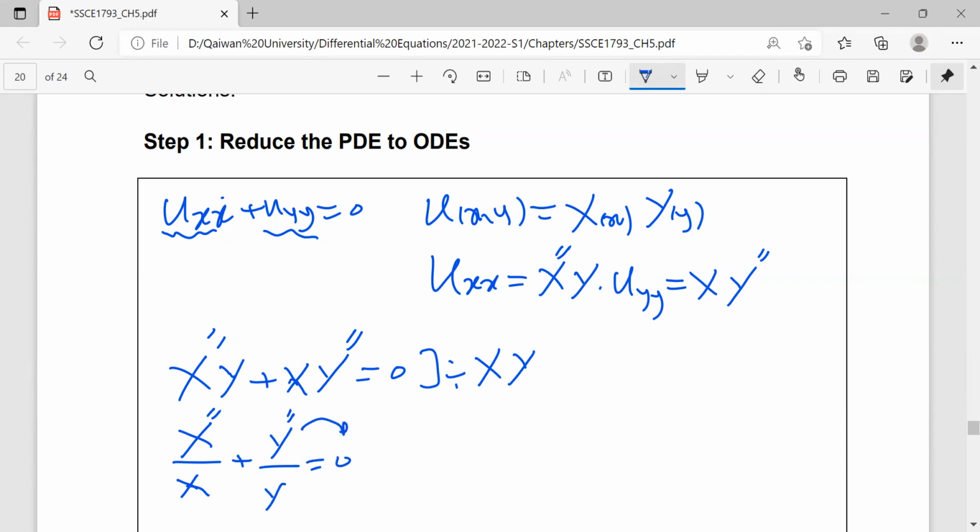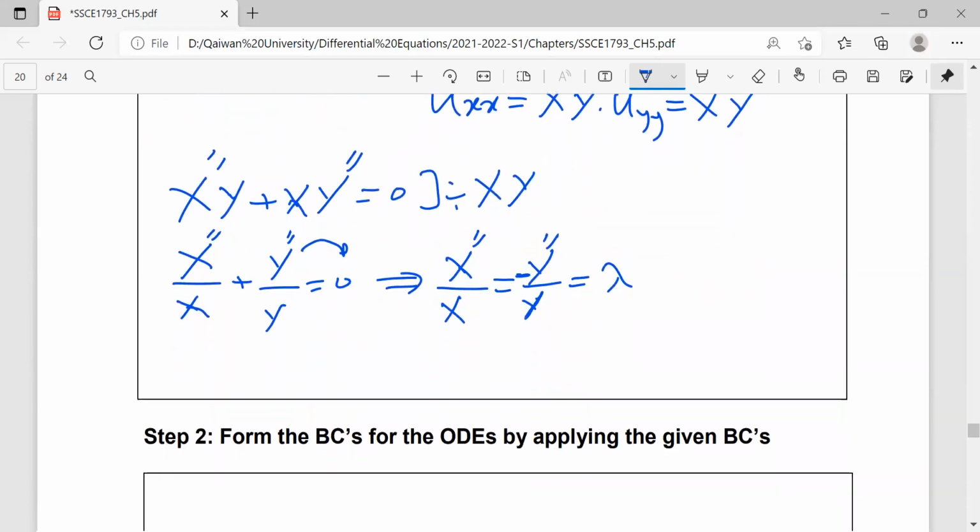Now we move this to the right-hand side: X double prime over X equals minus Y double prime over Y. These two are equal only if both are constant. We let them be lambda.